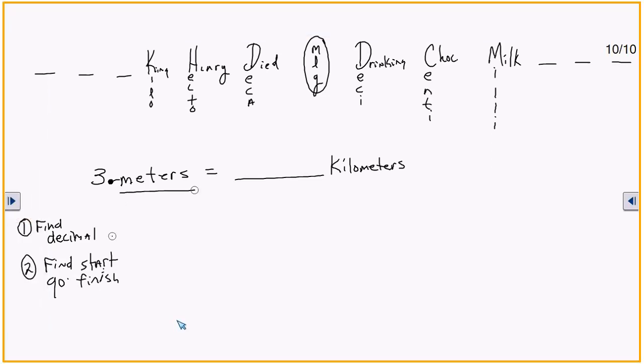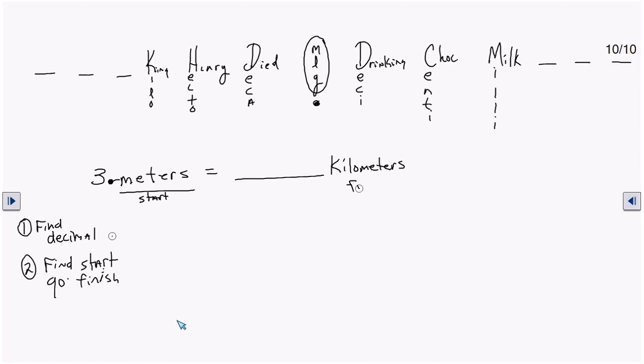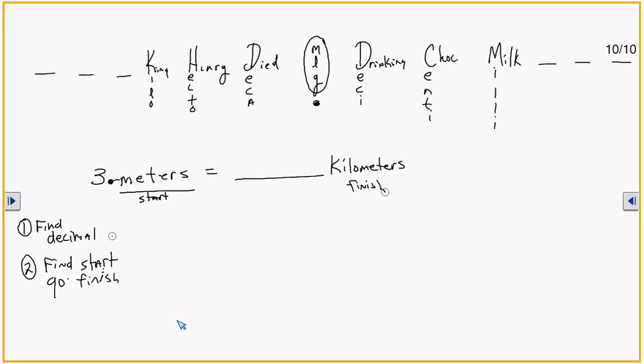So we're going to start right here. And where are we going to finish? Let's put start right here, and finish right here. So I've got to move from here 3 hops, 2, 3. So I've got to move my decimal 3 places to the left.